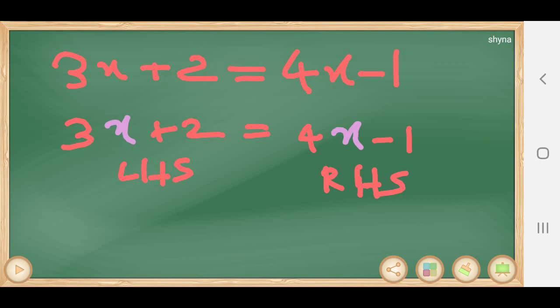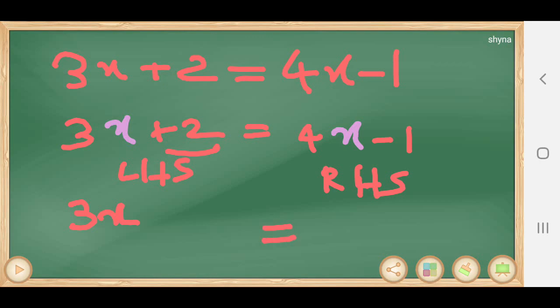Here, 3x is already in LHS. Variable on one side, then all numbers on the other side. 3x is already in LHS, but you can see a 2. If the variable is in LHS, all the numbers should be in RHS.